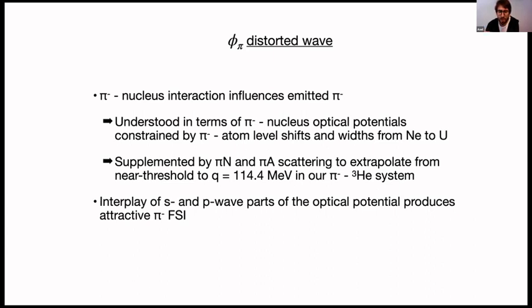The strong interaction shifts the different levels, and by these shifts and widths we can fix this optical potential. However, that pion is at much lower energy, near threshold, and the momentum of the emitted pion in this process is, remember, 114 MeV. So we need to extrapolate that, and so that data is supplemented by scattering data.